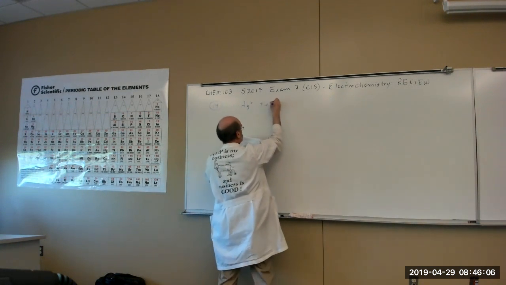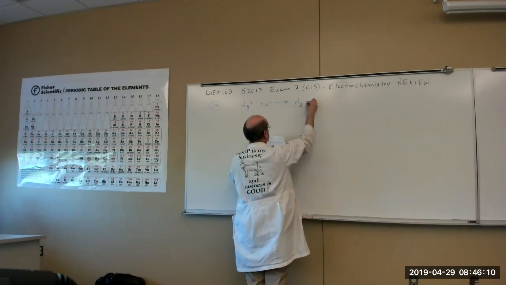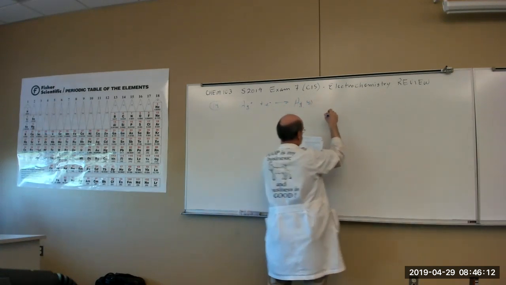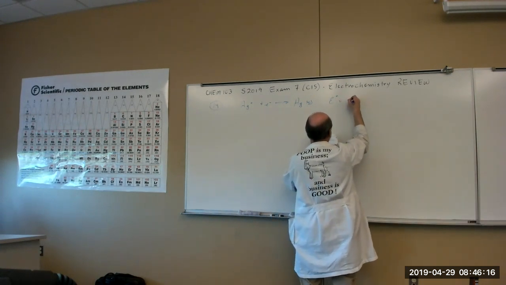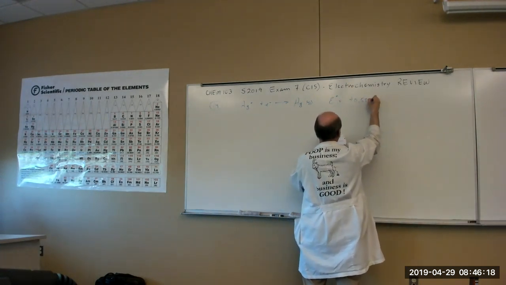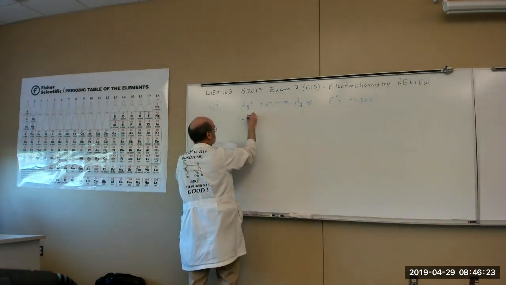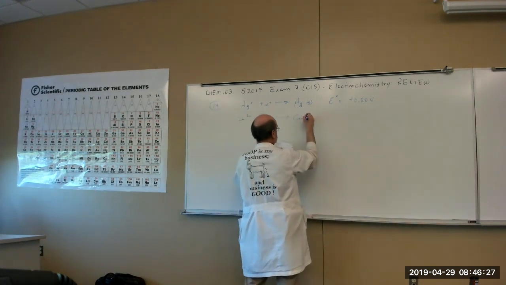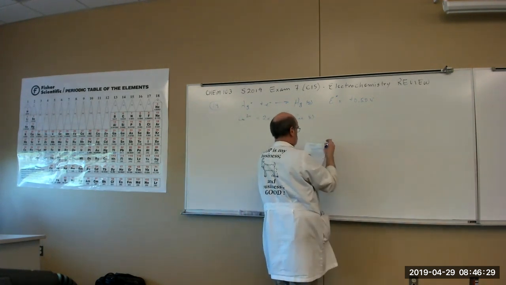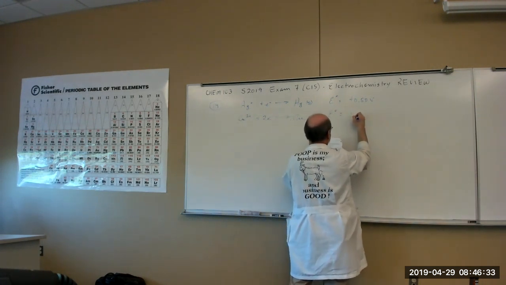Silver plus electrons yields silver solid. So that's the metal strip of silver, and the standard potential is plus 0.80 volts. And copper produces this copper strip, if it's reduced, and its standard potential is 0.34.